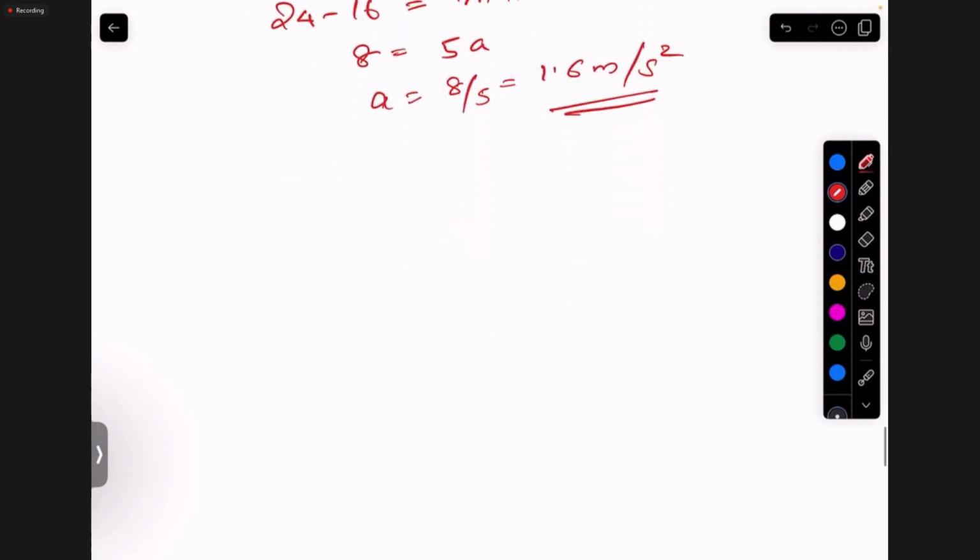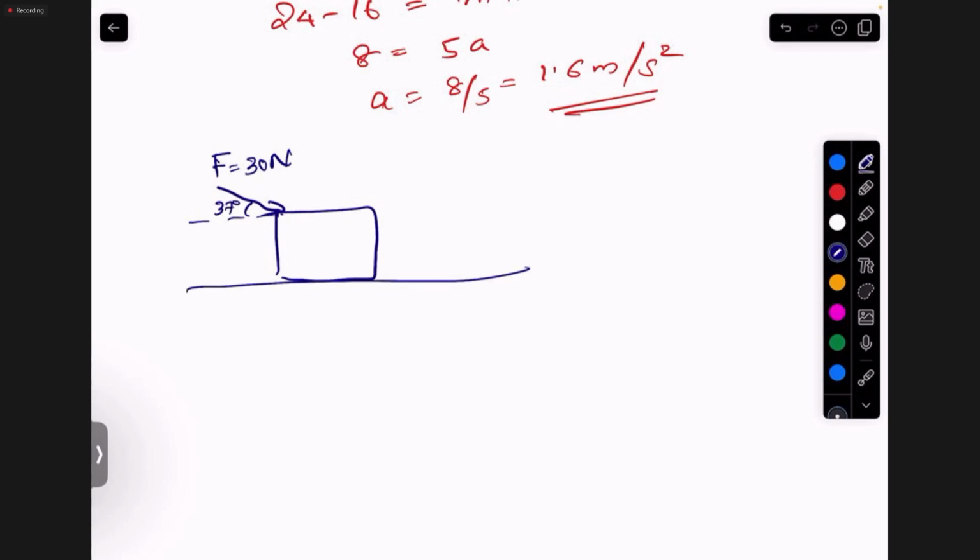Similarly, if we are pushing this block, what will happen? This block is being pushed by F equal to 30 Newton at an angle of 37 degrees. Rest everything remains constant. Mu equal to 0.5.